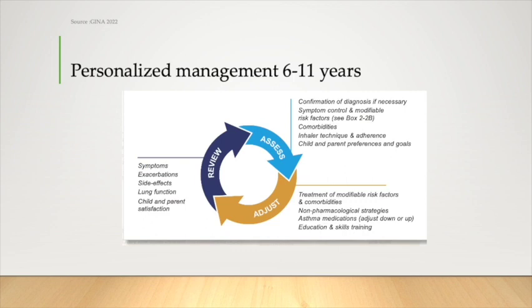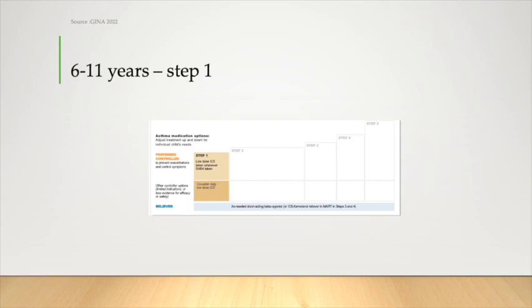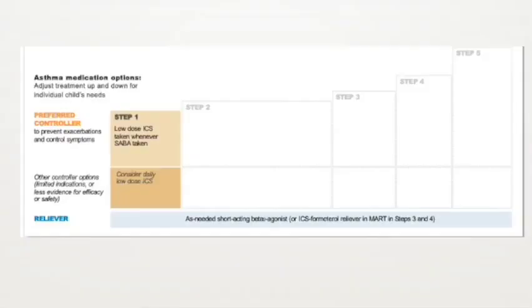Coming to the individual parts of the flowchart, again like adults, assess, adjust and review the child at each visit. Step 1 involves the preferred strategy, low dose ICS whenever your SABA is being taken. And another controller option would include daily low dose ICS.